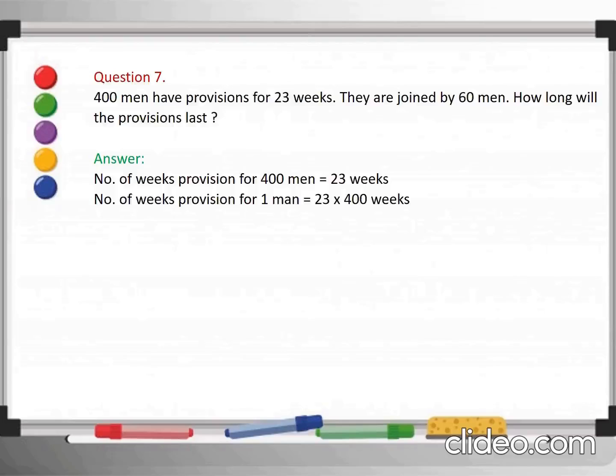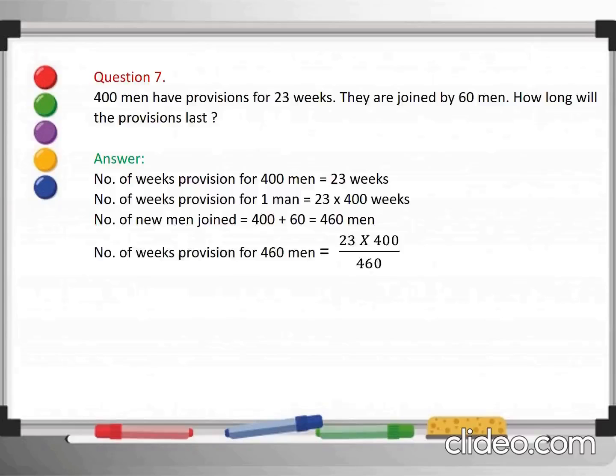Then number of new men is 400 plus 60, that is 460 men. Therefore, number of weeks provision for 460 men equals 23 into 400 upon 460.